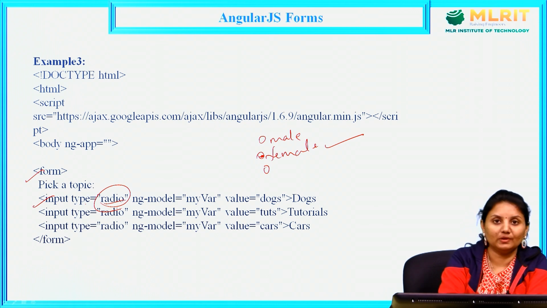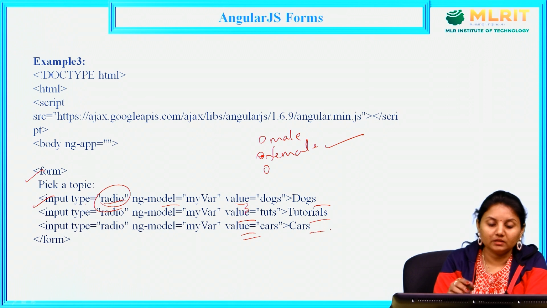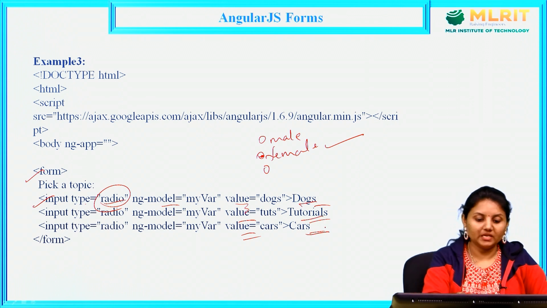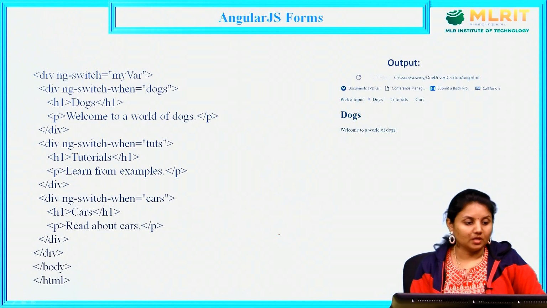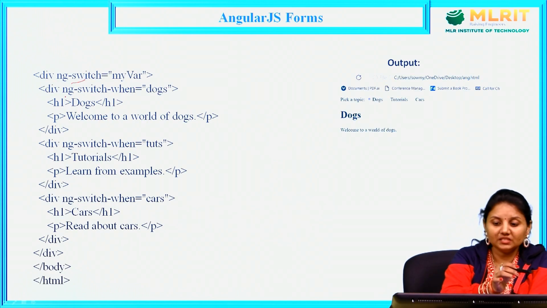This is type equals radio, with ng-model, some values, and the text to be displayed. This is the text that will be displayed in the HTML page. These are the values.